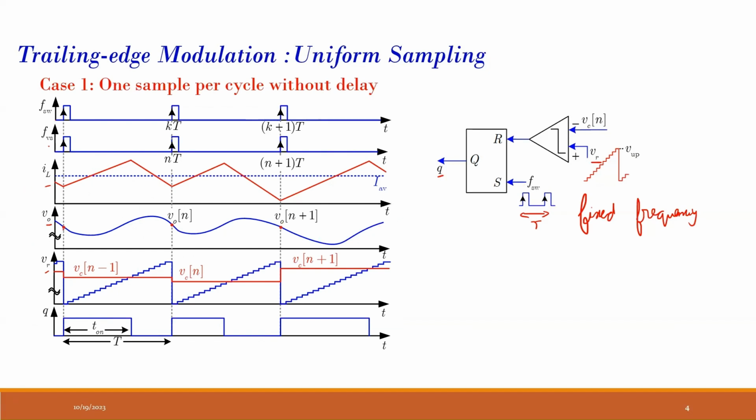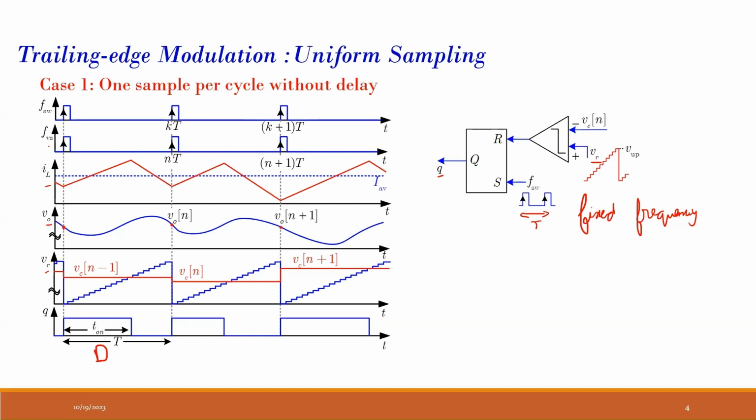But I am taking the sample over here. When I take that sample, I will update my controller output, and with the updated control value, my on time is generated. So effectively, I am controlling the duty ratio.